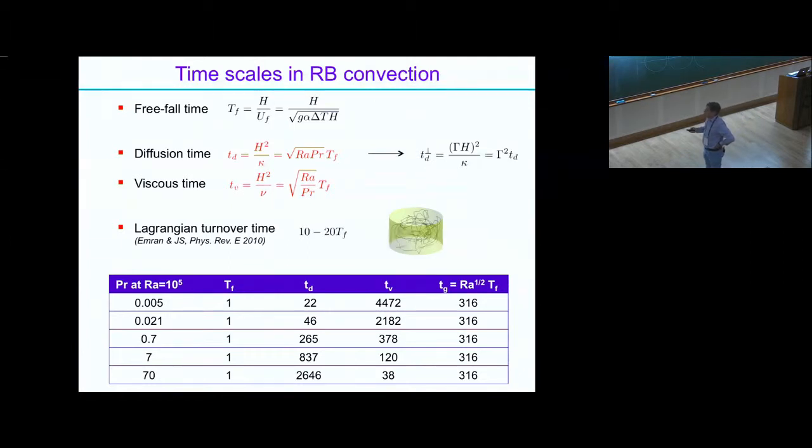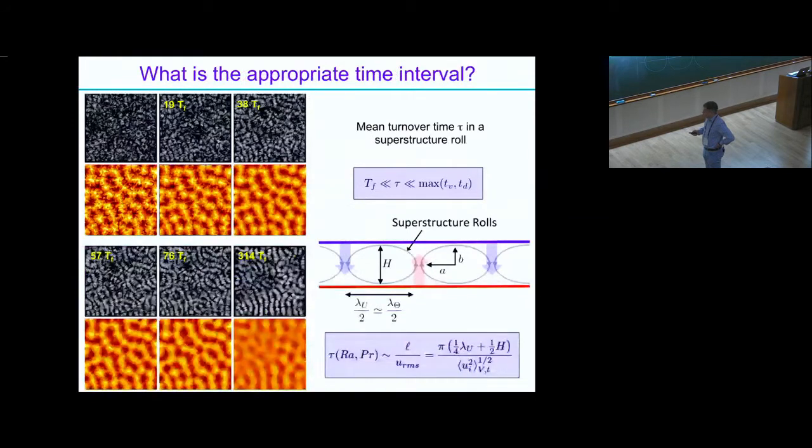So let's first take a look how things change if you are taking just one snapshot, and then you are starting to increase the averaging time interval about the snapshot in the way as I'm showing it here. And you see with increasing time, you are removing more and more of these small scale structures from the temperature, and the velocity structures show up better and better, the roll patterns.